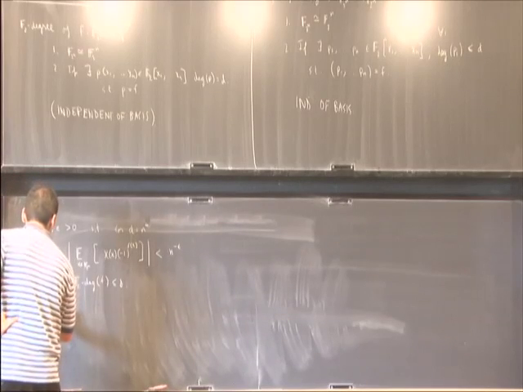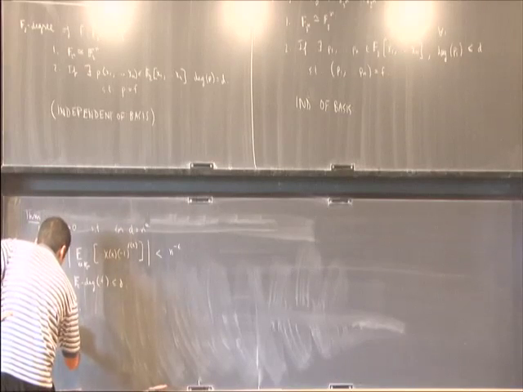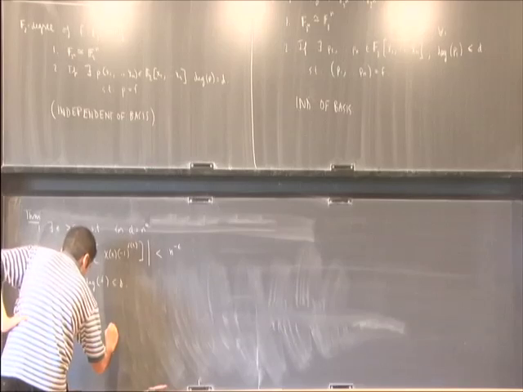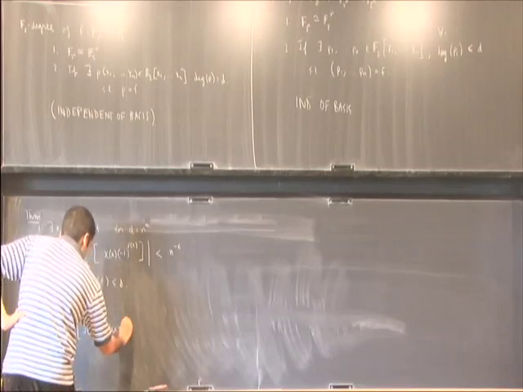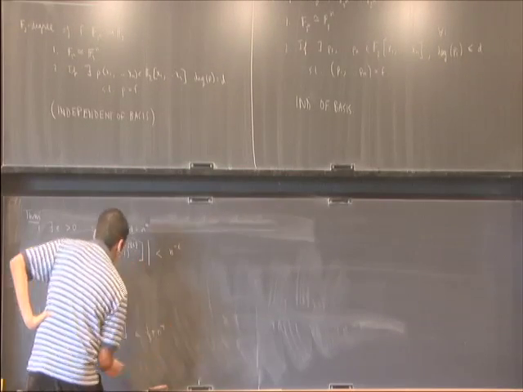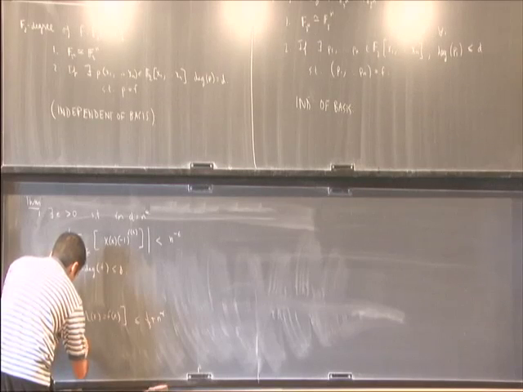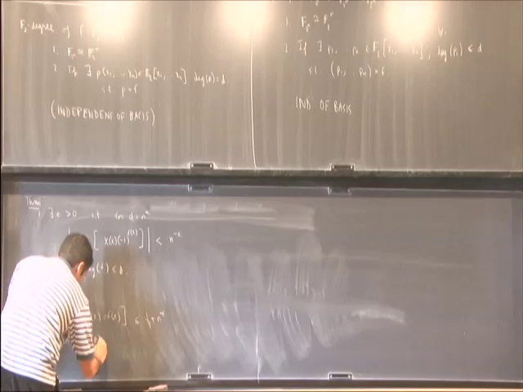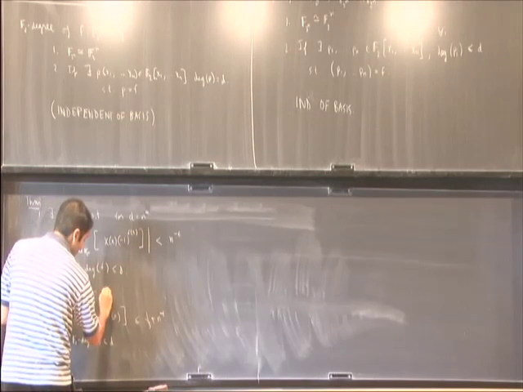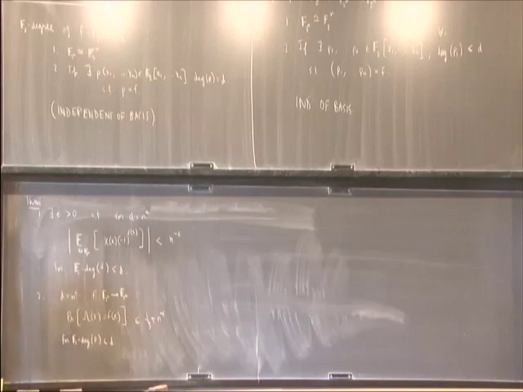Again d equals n to the epsilon, then the probability that lambda of x equals f of x is at most 1/3 plus n to the minus epsilon. Remember, in this setting f is a function from F2 to the n to F2 to the n, so it's a multi-valued, many output bit function.